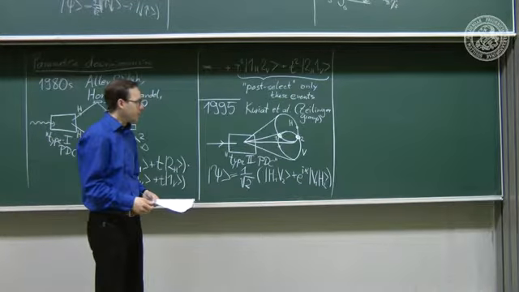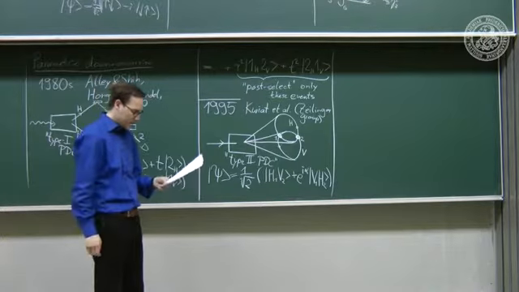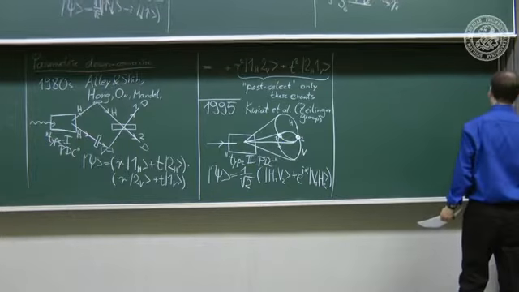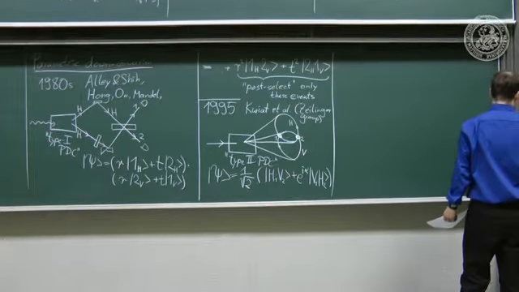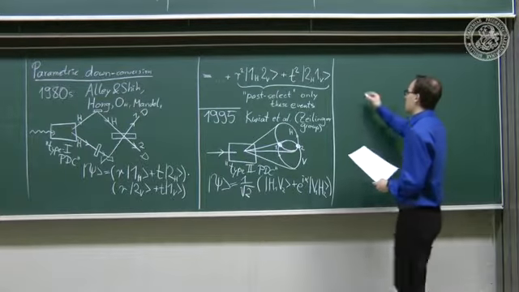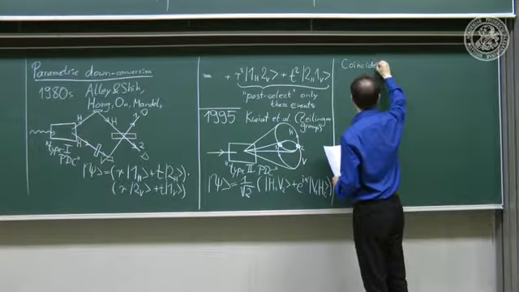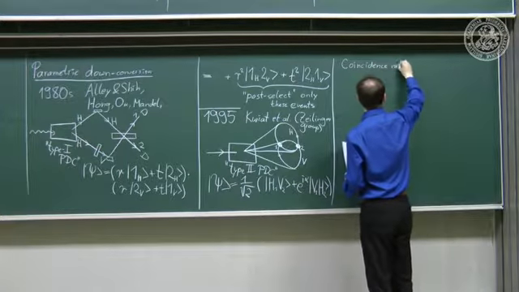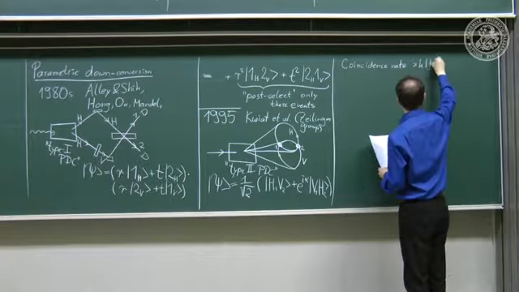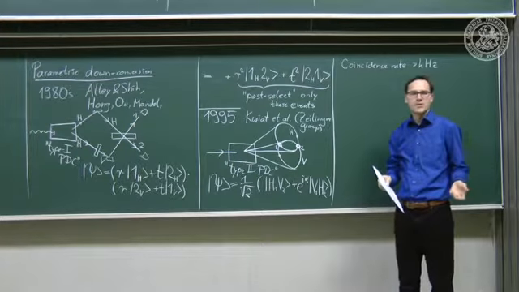And so, with this new source, they really had a much higher rate of pairs. And so their coincidence rate was rather kilohertz. And because of these high rates, you don't have to wait very long to get very good statistics.